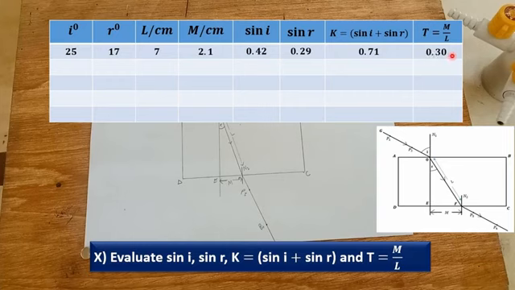We want to keep all these values in 2 decimal places. So it's 0.3, but we write 0.30.